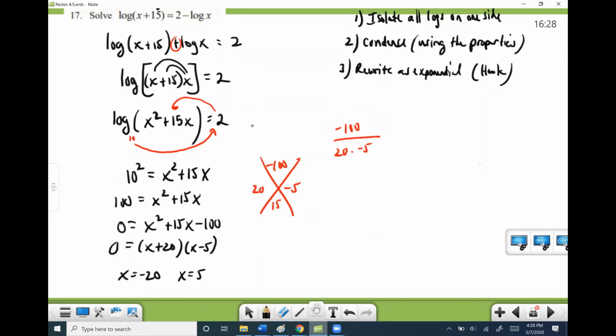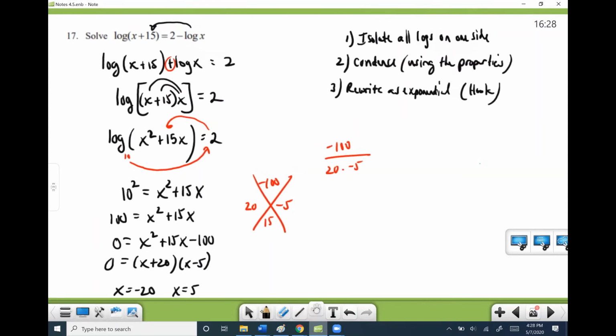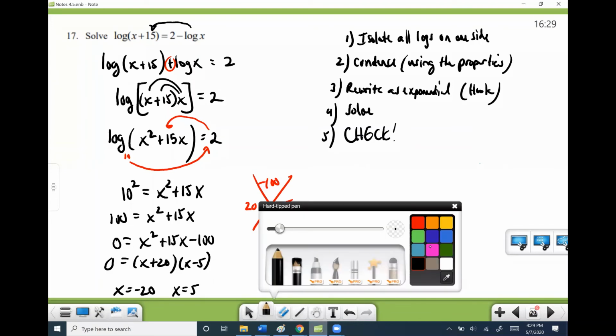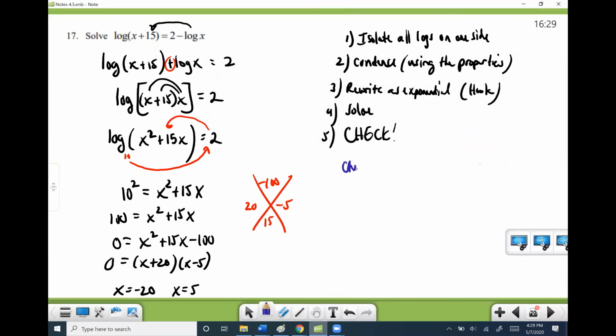All right. So we did the solve part. Now we're on the check part. So let's see what we get. So let's check x equals negative 20.